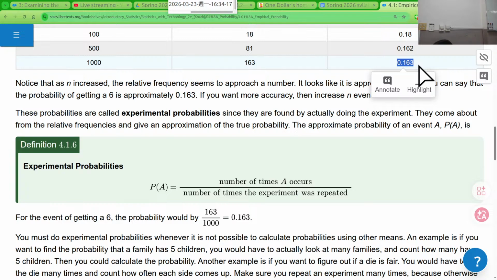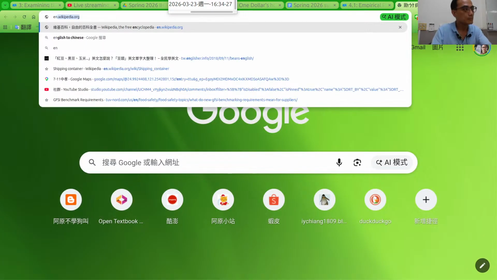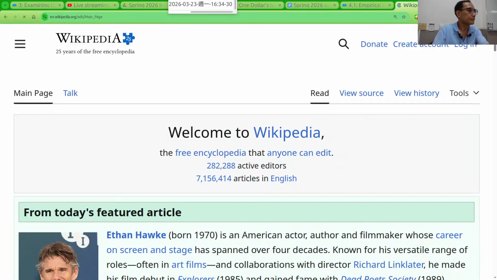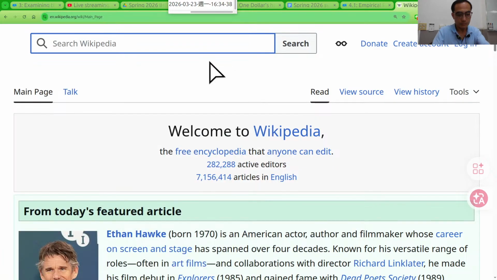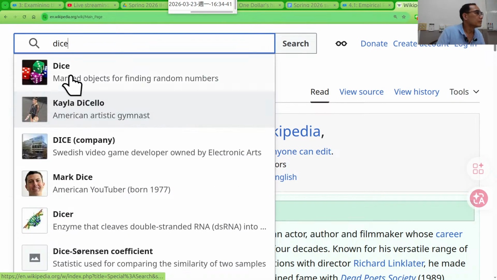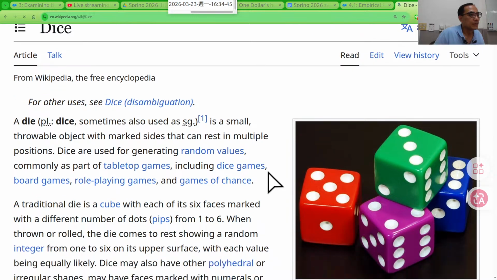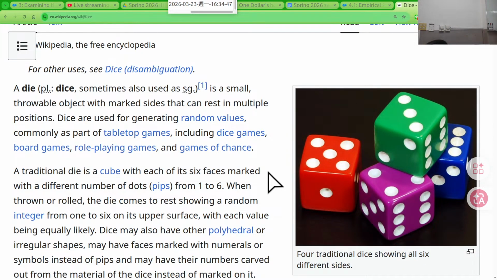But if the structure of the die is different, for example, the weight center of the number 5 is close to the bottom, the number 5 will appear more frequently.